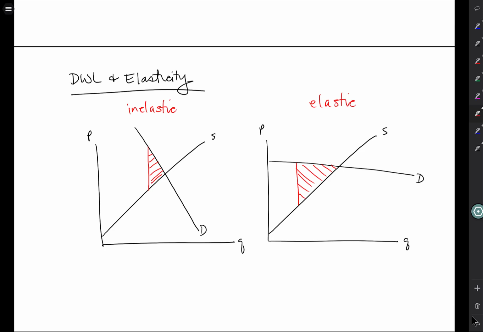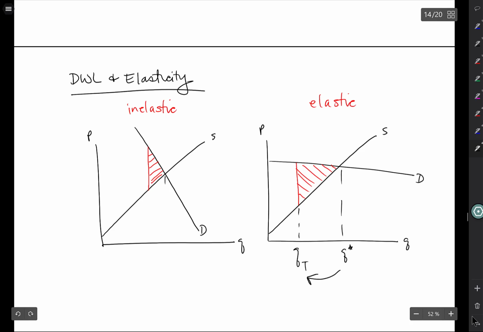This should make sense. The market that is more elastic, more sensitive to price changes, should respond more. Taxes are a price distortion. Here we have Q star, and look at the response in terms of quantity. It dropped by that much.